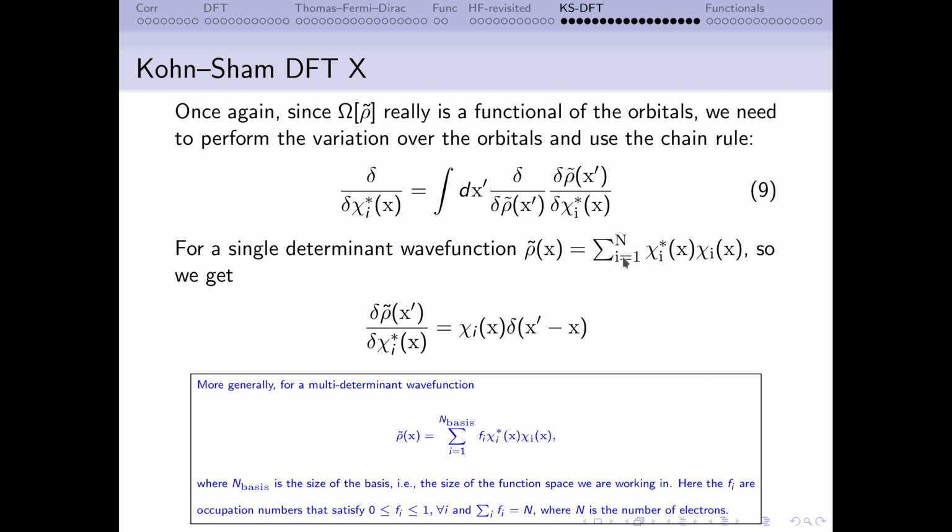It's 1 if I is between 1 and n points included, and it's 0 if I is greater than n. While in the multi-reference theory, multi-determinant theory, these occupation numbers could be between 0 and 1, and the only constraint is that they sum up to n because there are n electrons in the system. But we won't go into this anymore. I just wanted to point it out here.